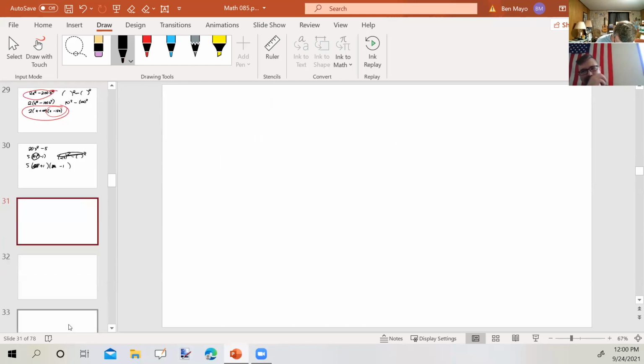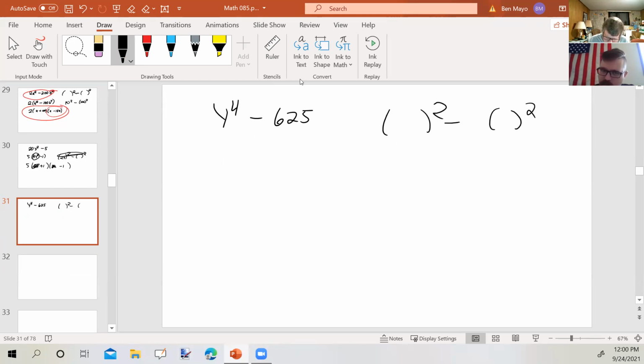Let's see, how about this one? y to the 4th minus 625. That's a binomial. It's got a subtraction sign in the middle. y to the fourth would be y squared, squared. 625, is that a perfect square? It is.